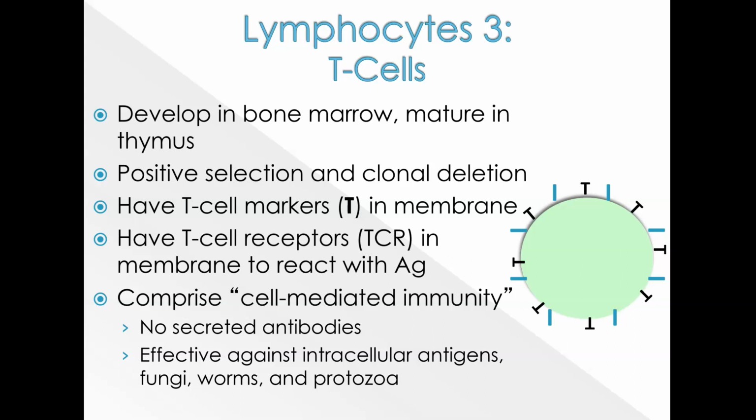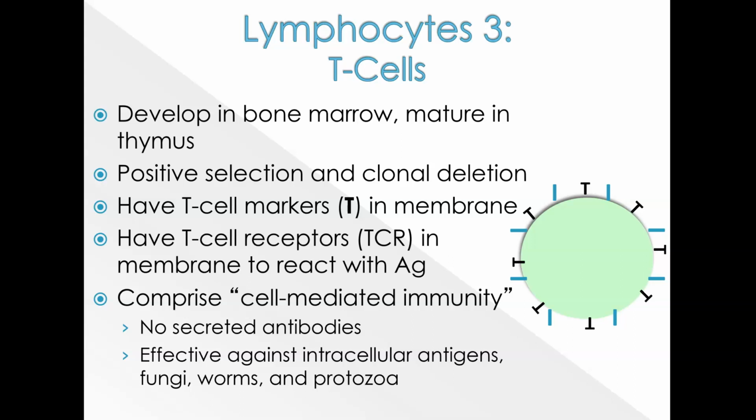All right, so they also have, of course, a T cell receptor on the surface, and this reacts with antigen, but it's different. It doesn't function in the same way that the B cell receptor does, because it doesn't eventually get secreted into the environment. And remember that T cells, especially cytotoxic T cells, function mainly in cell-mediated immunity.